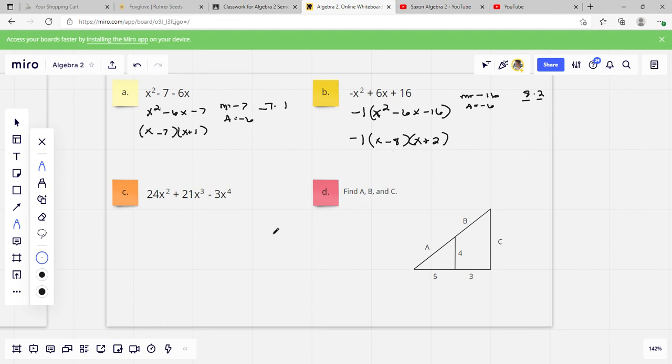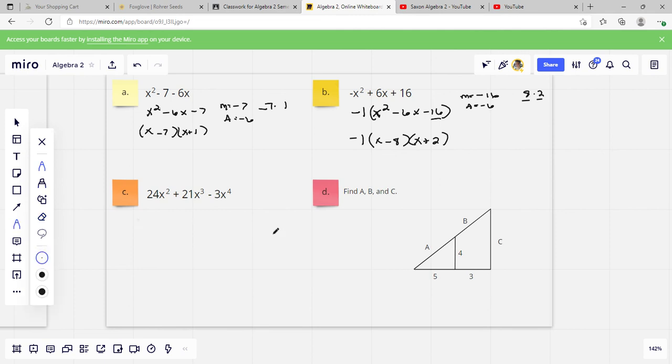So negative 8 times positive 2 is going to be negative 16, and then negative 8 plus 2 would be negative 6. All right, I'll double check that in the answer key here. Number 26 should be negative 1 times x minus 8 times x plus 2. Yep.